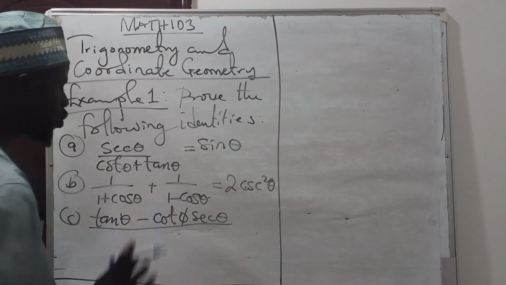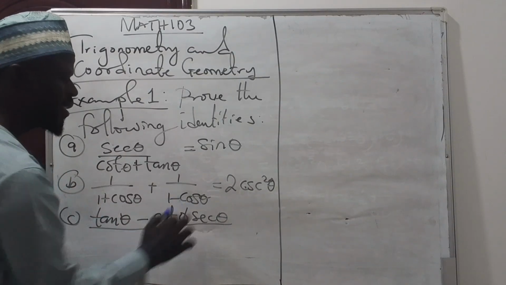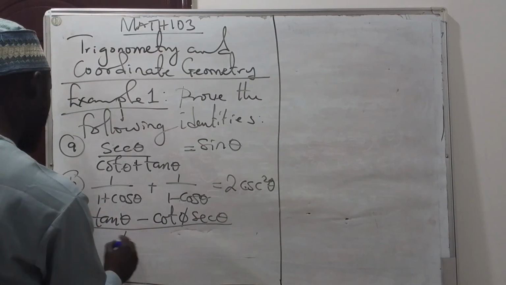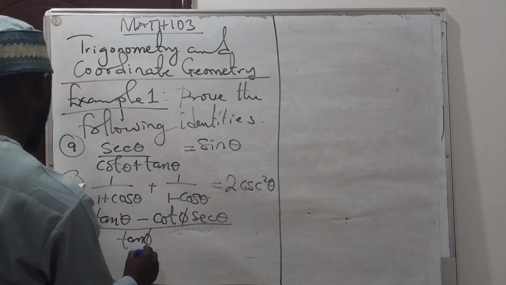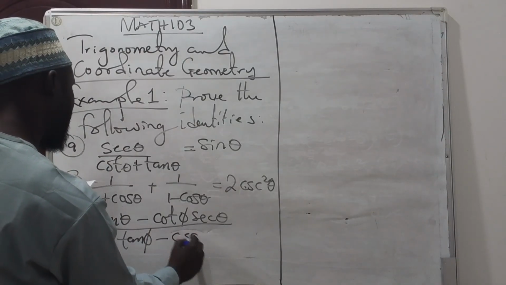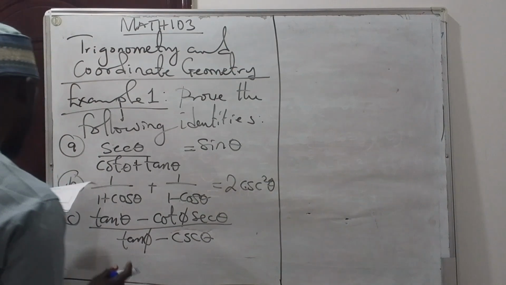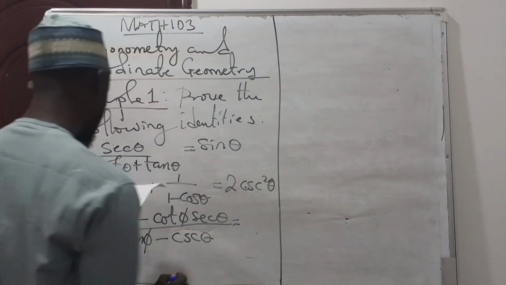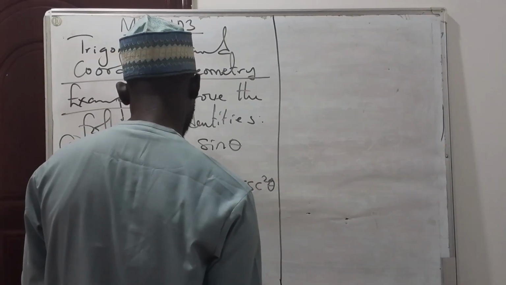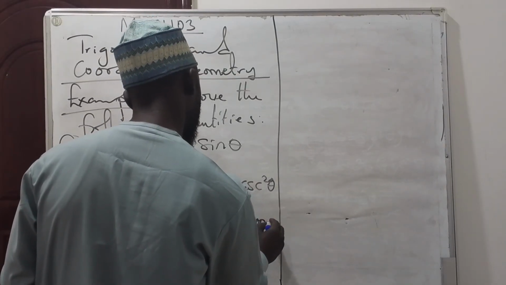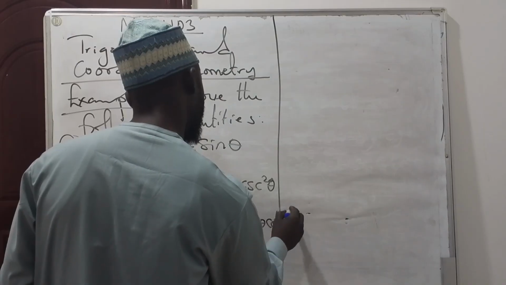Here we have two angles, phi and theta. This should be equal to, if you prove it, tan theta cot phi.